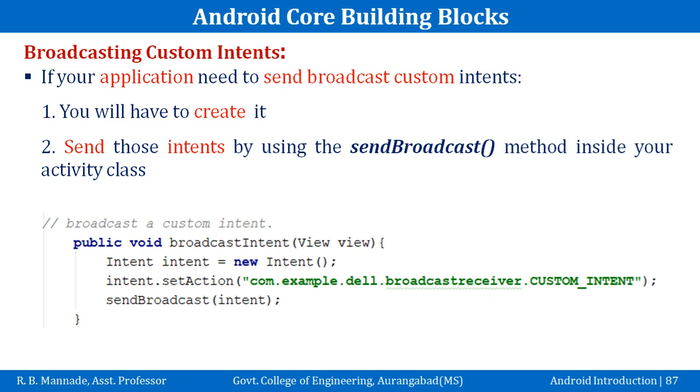In this case, this is the package name of that particular application, com.example.del.broadcast.receive.CUSTOM_INTENT. Now CUSTOM_INTENT is the user defined custom message. You can put any relevant message here, but I am here using CUSTOM_INTENT. Okay, this is the same as when we were registering our broadcast receiver.